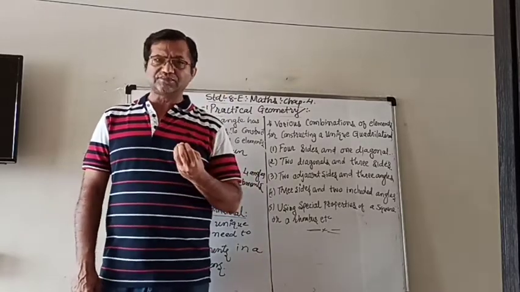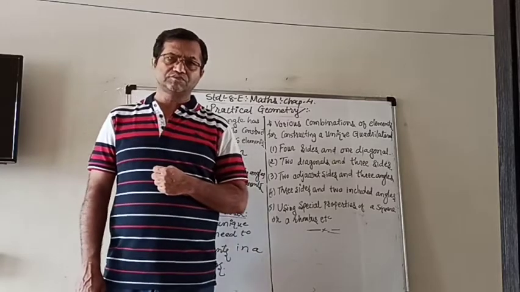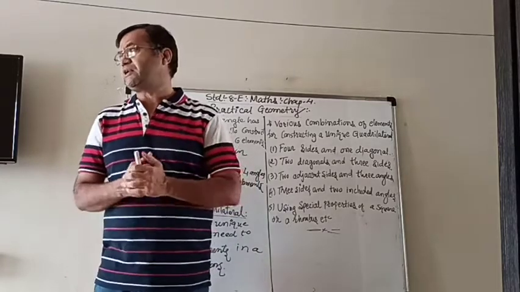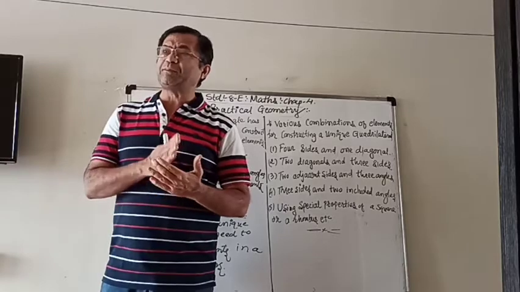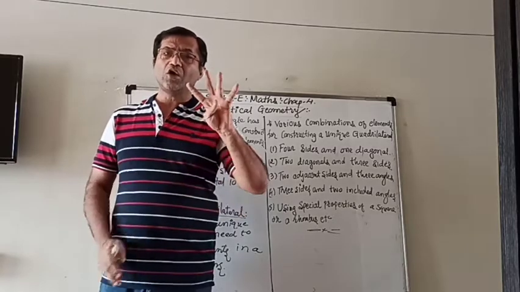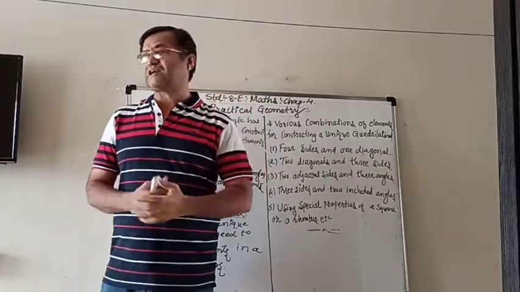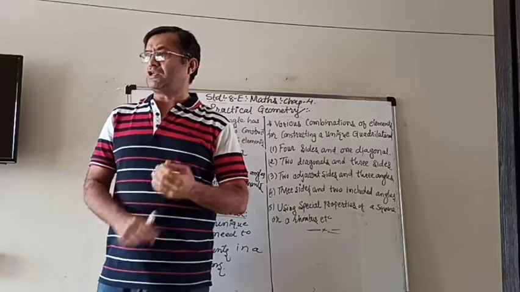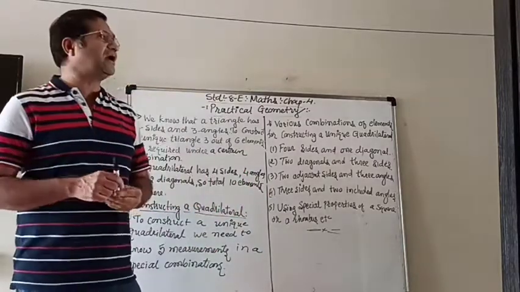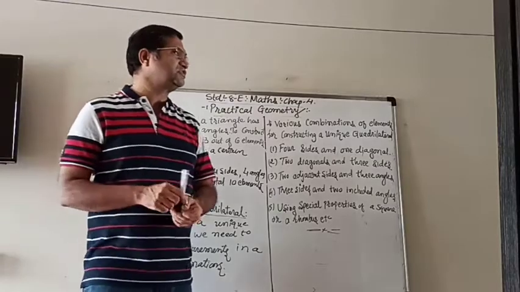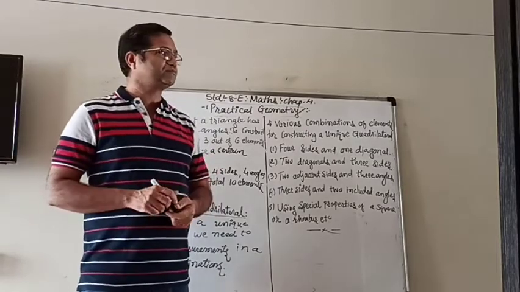Now we know our quadrilateral, what is quadrilateral? Quadrilateral is a polygon having 4 line segments. So the polygon made up of 4 line segments is known as quadrilateral.